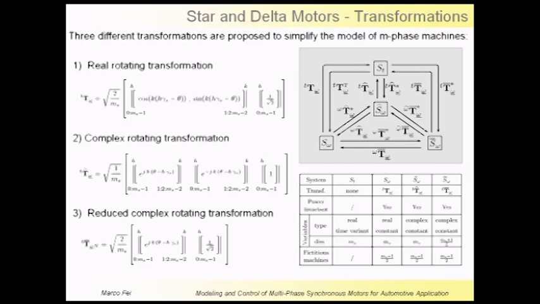This is the most important advantage with respect to the other transformations proposed in the literature. As shown in this figure, these transformations are equivalent from a mathematical point of view because it's possible to pass from one transformed system to another. Among these, the best one seems to be this transformation because the transformed system has a reduced dimension.